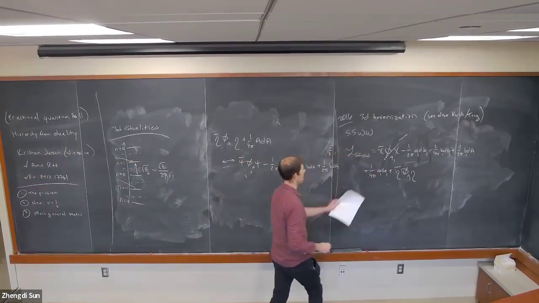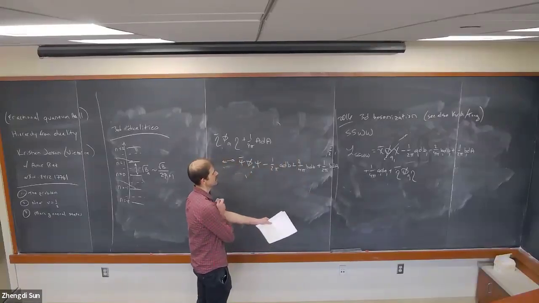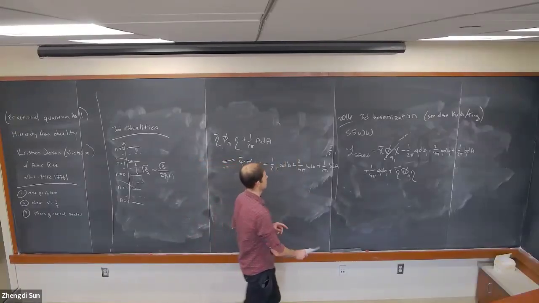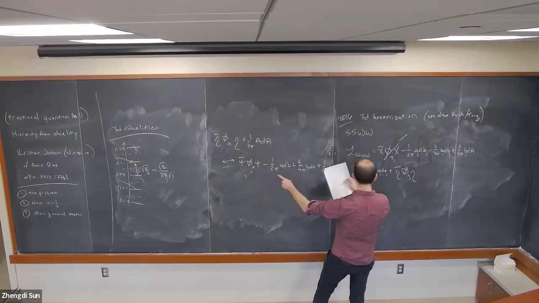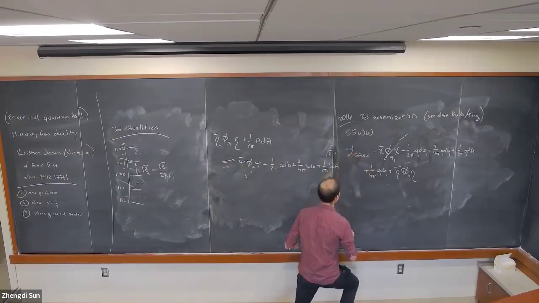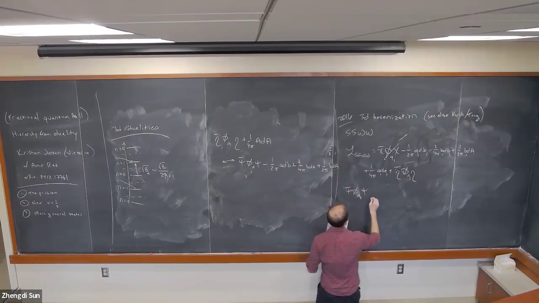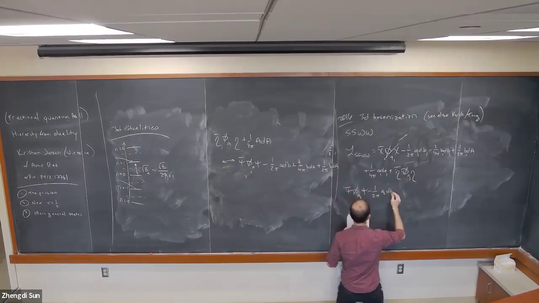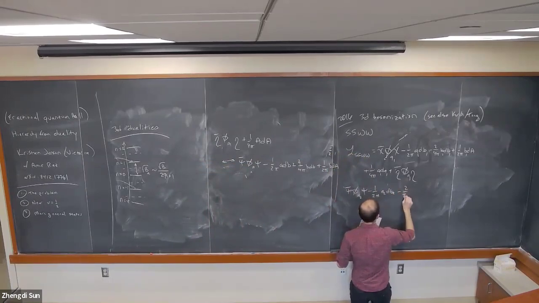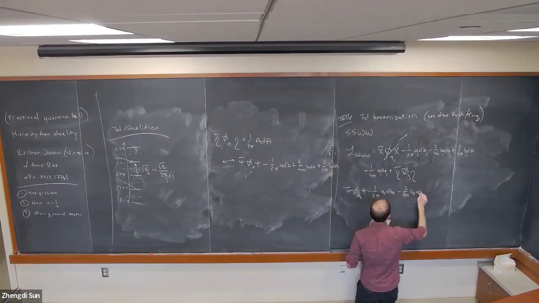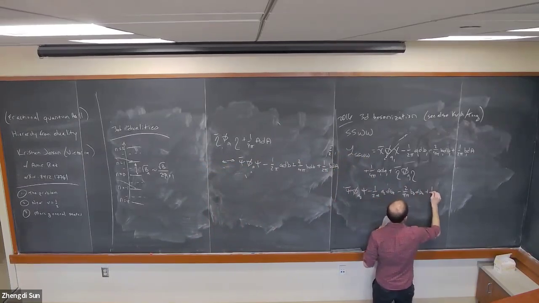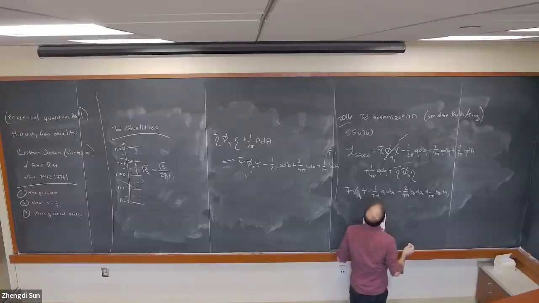Then I have 1/4 pi plus the partially filled level's response. Then what happens is, I replace this by this. I end up with a new theory that is psi bar i D-slash coupling to a new statistical field A2, minus 1/2 pi A2 dB2, minus 2/4 pi B2 dB2, plus 1/2 pi B2 dA1.